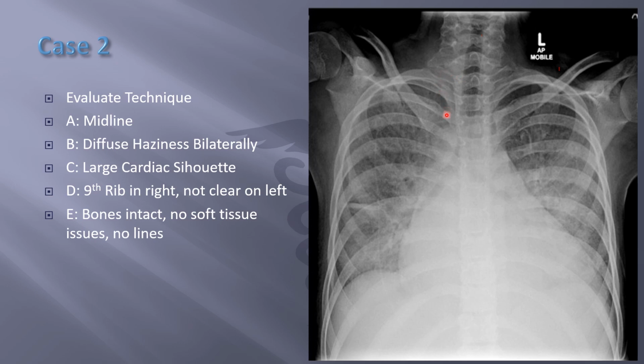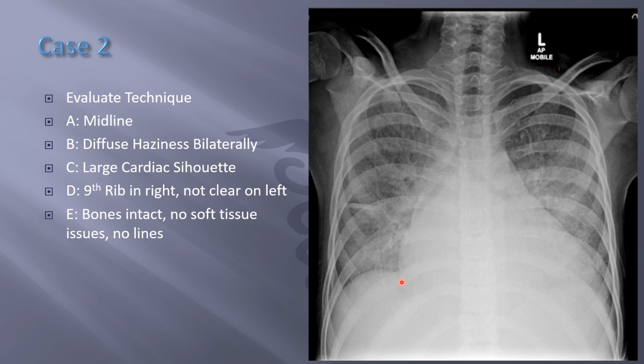Got 1, 2, 3, 4 clavicle heads around 3 or 4. So A, our trachea, it's coming down in the midline. So that's good. I can see the left main stem and the right main stem. So the carina is right here.